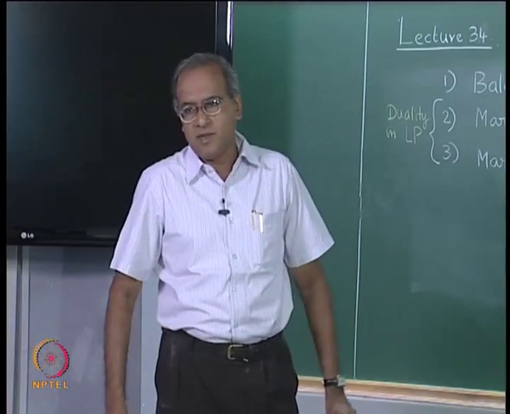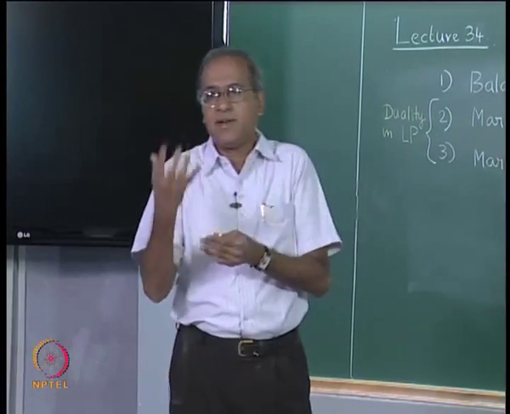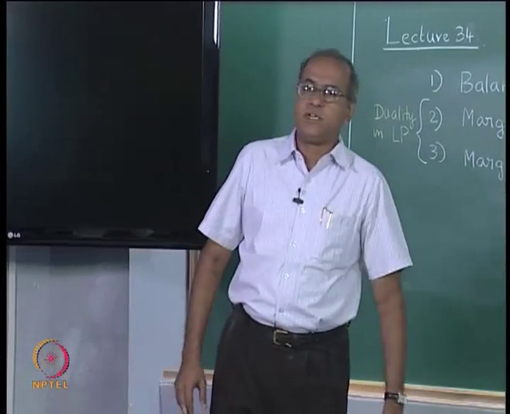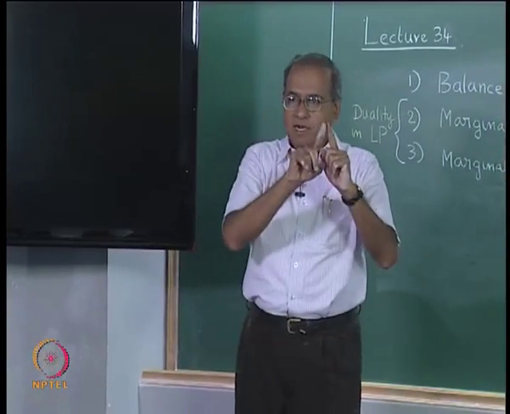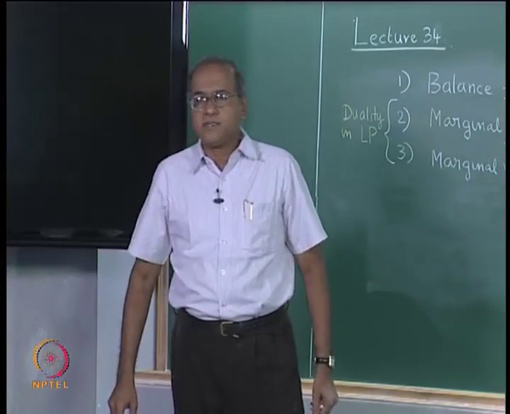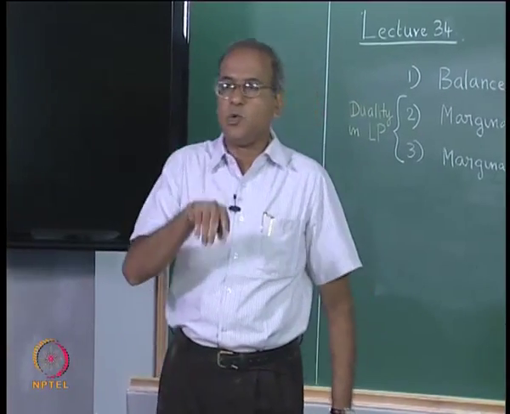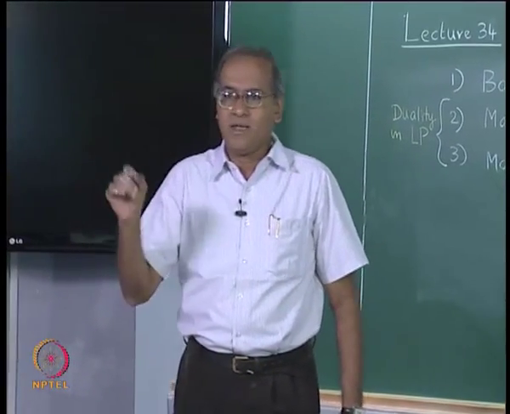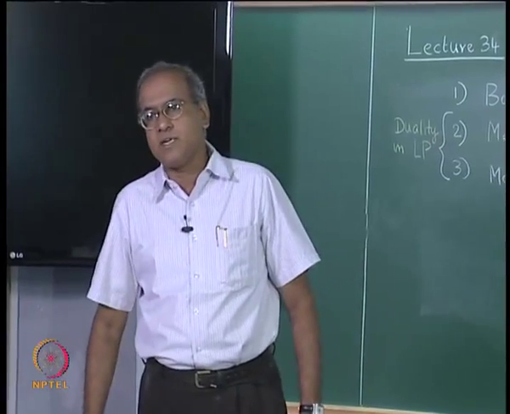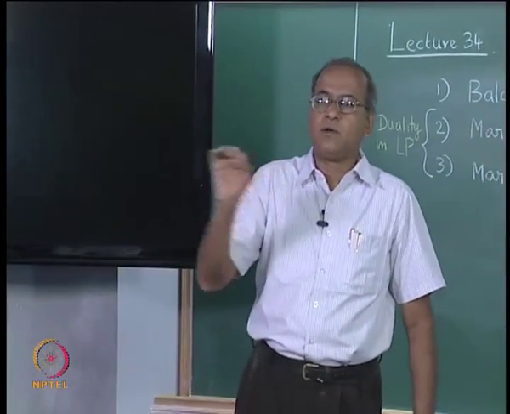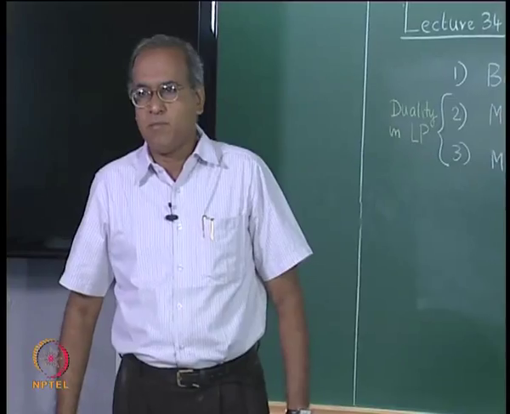In linear programming, there is something called the complementary slackness theorem, which would tell us that if there is a primal constraint which has a slack variable u, and then there is a corresponding dual variable which is y, then complementary slackness would tell us that y into u equal to 0 at the optimum.